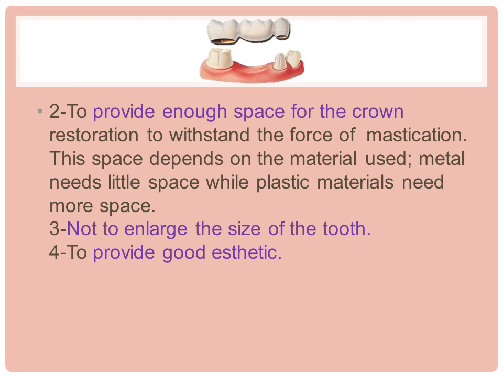This thickness or space depends on the material used. When we use metal we need little space, while plastic material needs more space. Why? Because metal is stronger than plastic, so its thickness is less than plastic material.